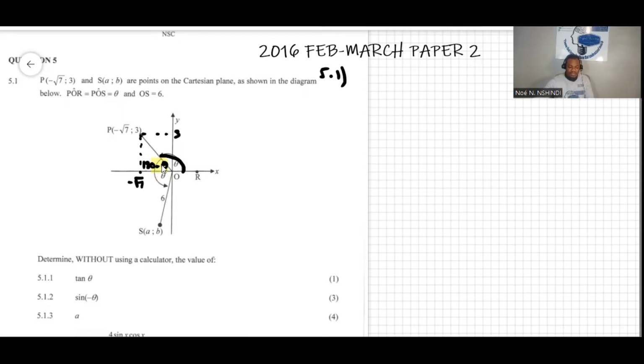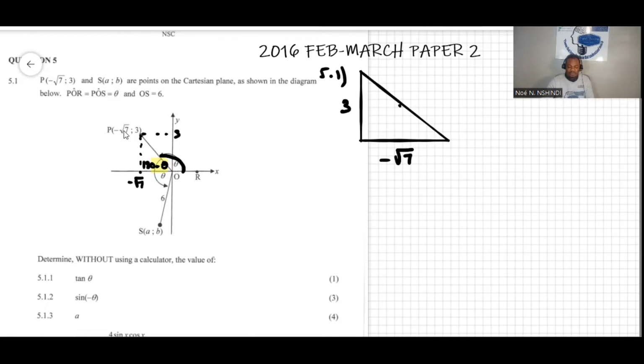Now, if I want to use the triangle keeping the values of the coordinates of the point P, I can draw this triangle over here, keeping the signs of the coordinates of the point P, negative root 7 and then 3 like that.